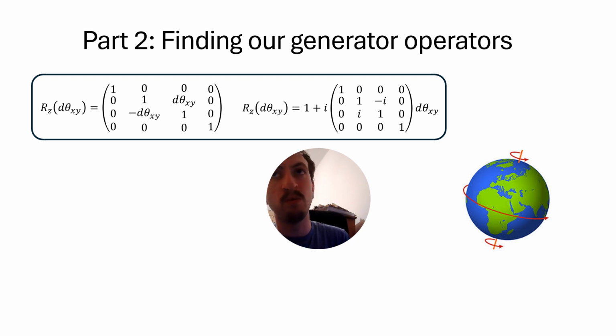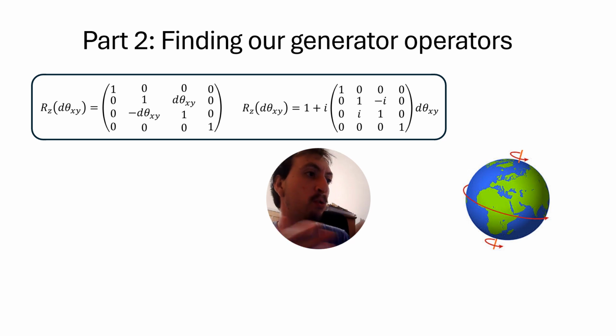We worked out before we can write that as e to the i times some Hermitian matrix. So we can get e to the i something by essentially taking the limit of 1 plus i times some matrix multiplied by an infinitesimal angle, to the power of n in the limit where n goes to infinity.